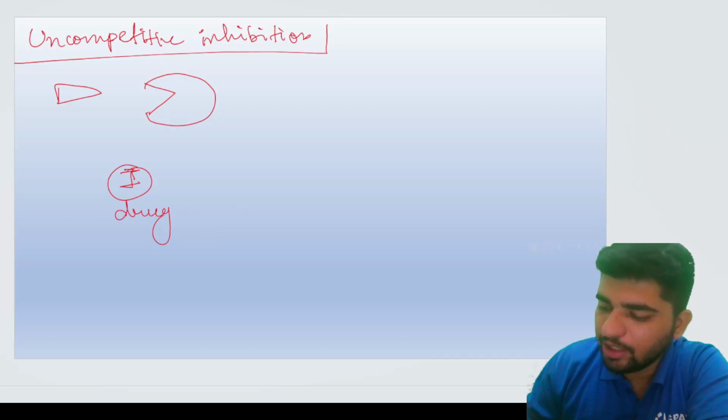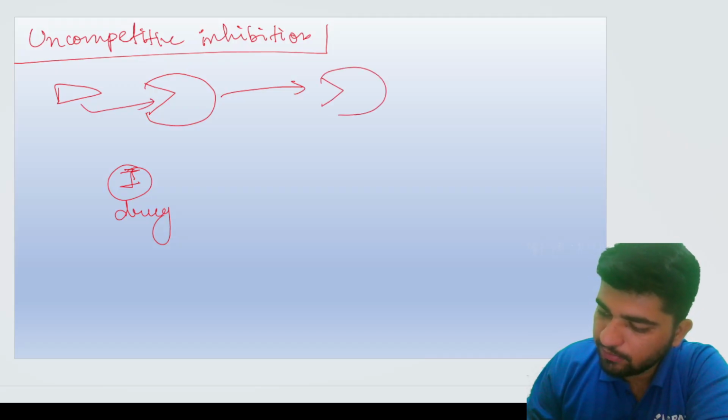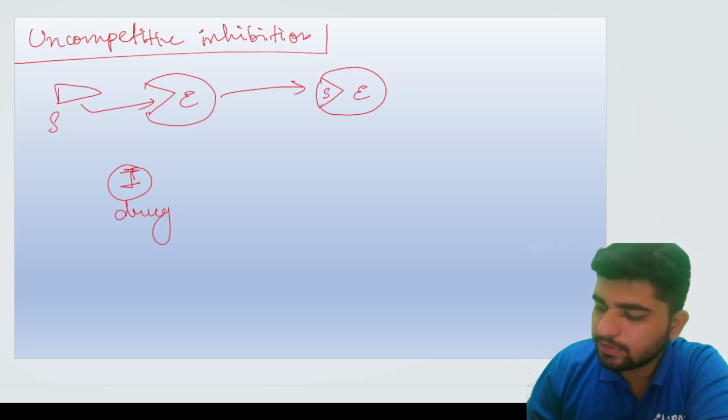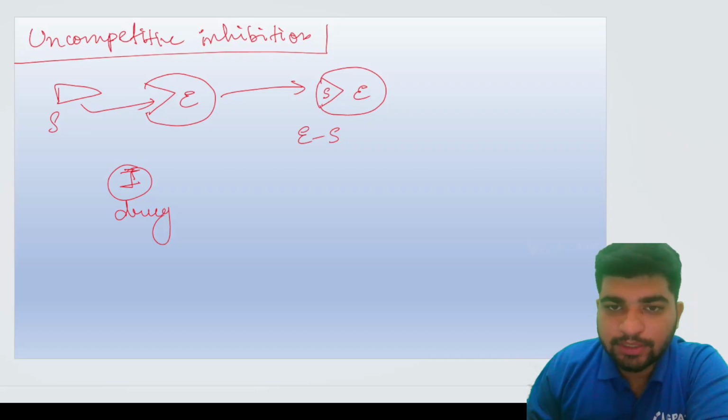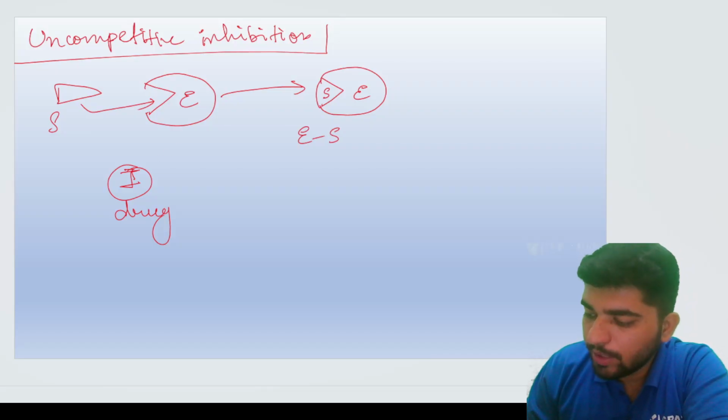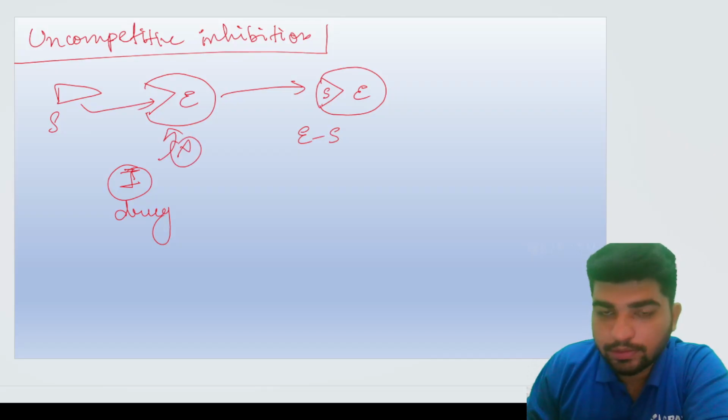Now, what is happening here? The enzyme will bind the substrate onto the active site, forming an enzyme-substrate complex. But the inhibitory drug would not bind to the enzyme over here.